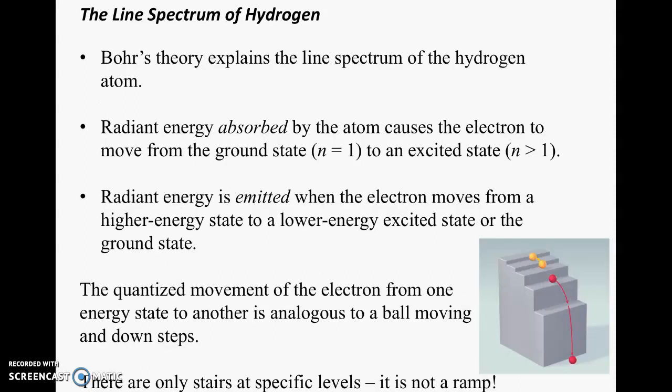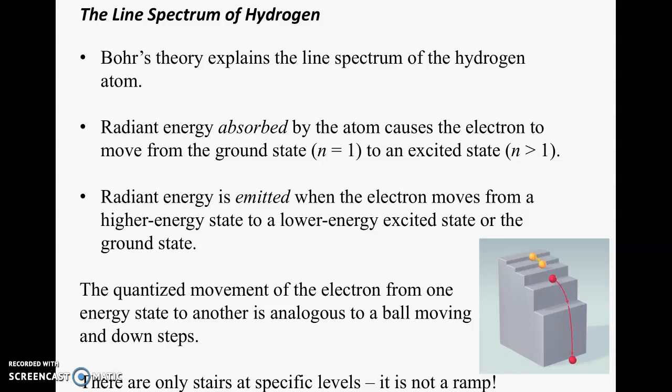I have a little graphic here that shows a funny stair step, and each of those flat portions of the step is a place where the electron of hydrogen can sit, but it can't stay up there very well. So what happens? Radiant energy, or electrical energy, is absorbed by that atom and causes it to move from the ground state to an excited state. So it goes to an upper step.